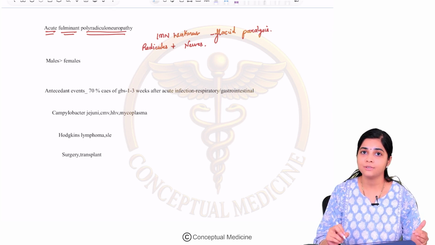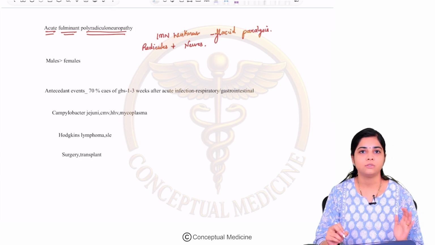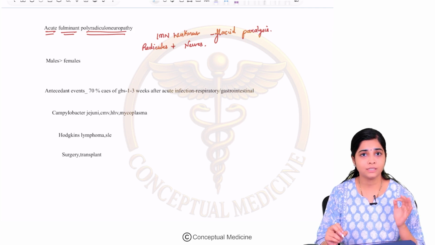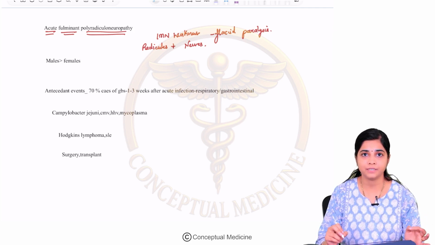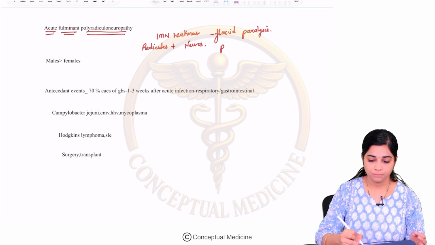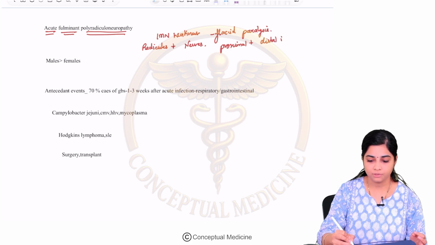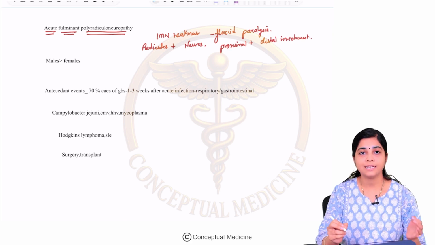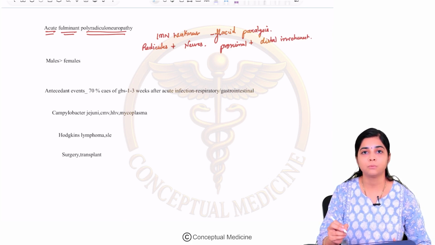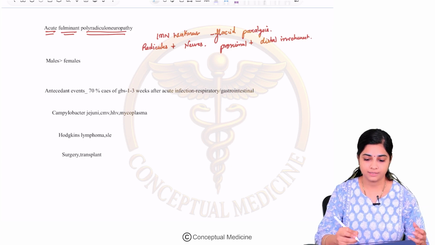So there is radicular involvement and there is neuropathy as well. The nerves as well as the radicles are affected, and hence there is both proximal plus distal involvement. This entire process usually begins in the lower limbs and then progresses upward.